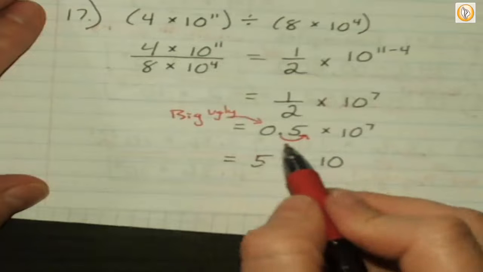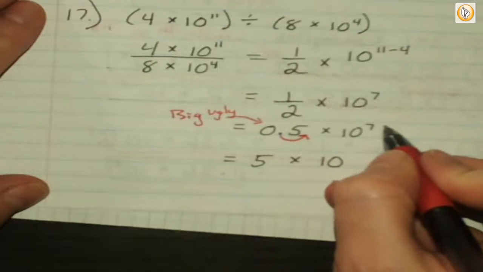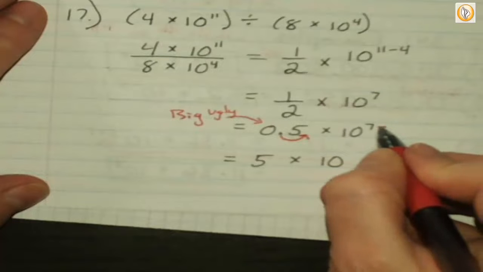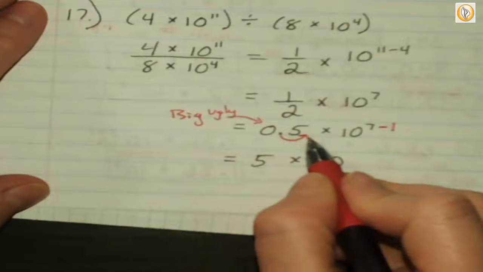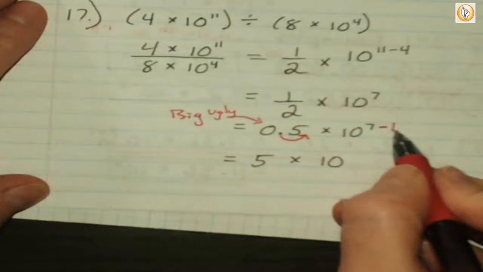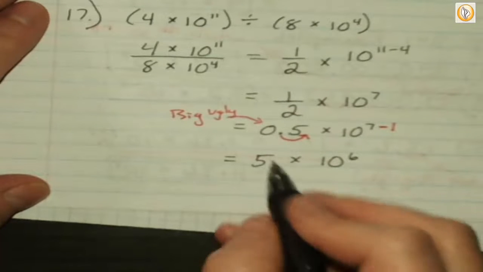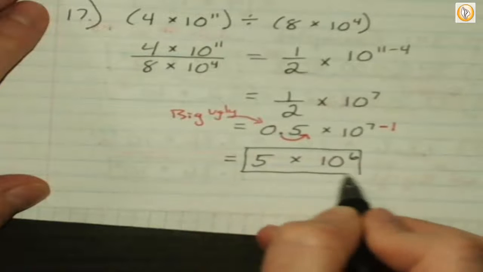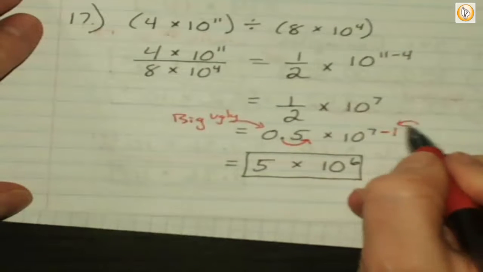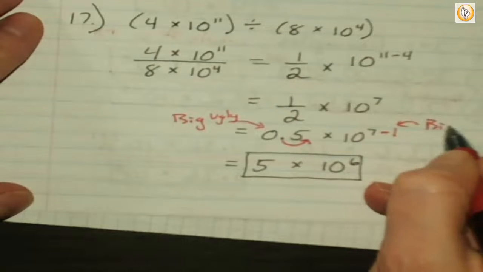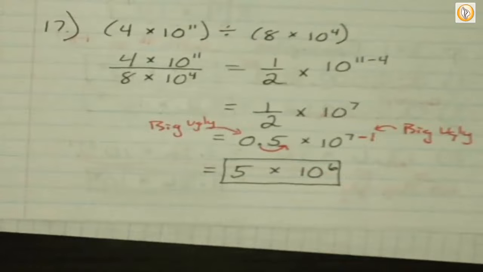Now, if it's big ugly, do I add 1 here or subtract 1 here? That's right. I'm going to subtract 1 here because it's big ugly. Moved to the right, so then it's minus 1. So then it's 6. All right, big ugly. Any questions?